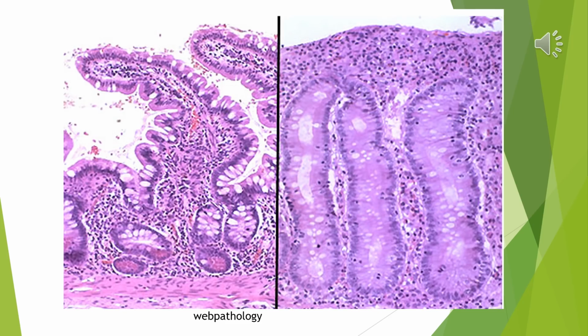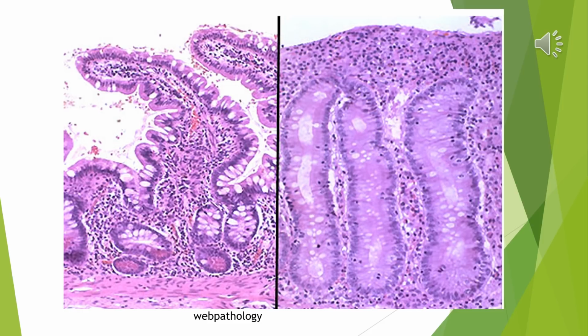So you can see here a comparison between the normal villi of the duodenum to the left and the mucosa of the duodenum in a patient with celiac disease.